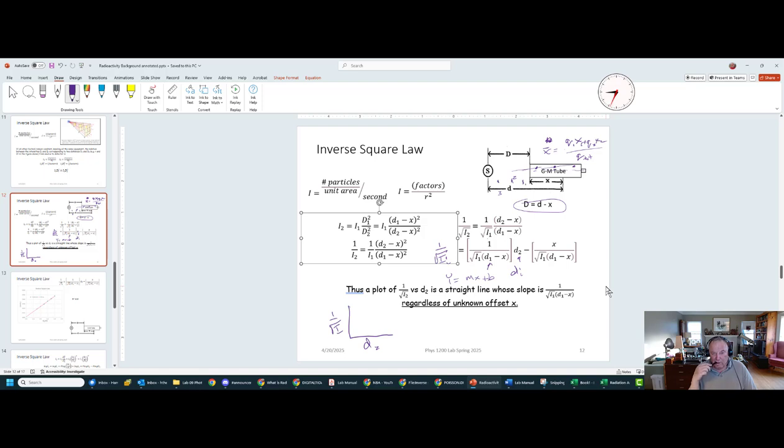Instead of just going to I2, we're going to have an I3, I4, I5, but we can measure I1, it's fixed. We measure D1, it's fixed. Then we set a D2, which is where we're going to put the source, a distance away from the detector, and then we're going to measure the intensity at that.